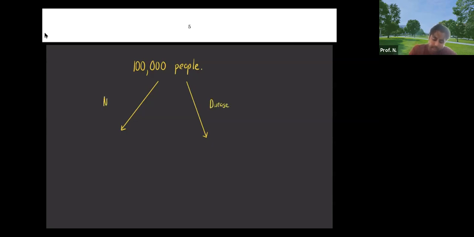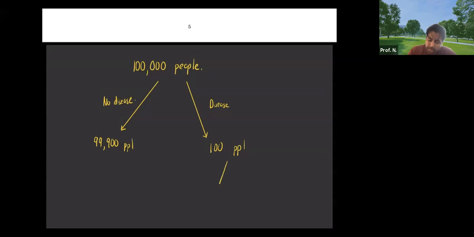And how many people would not have the disease? This is another way to think about it. So if 0.001 of the people have the disease, and you multiply that by 100,000, what would you get? You get 100, right? So 100 people have the disease. So if 100 people have the disease, how many people don't have the disease? 99,900 people don't have the disease.